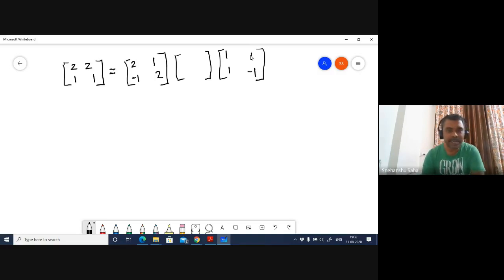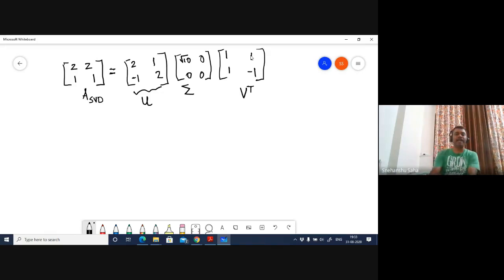And in the middle, okay. So this is your A SVD, which after you follow that protocol of the determinant of A square minus lambda I, if you solve that, this is your U, capital U, this is your V transpose, and this is your sigma.